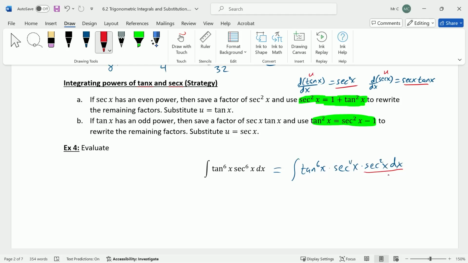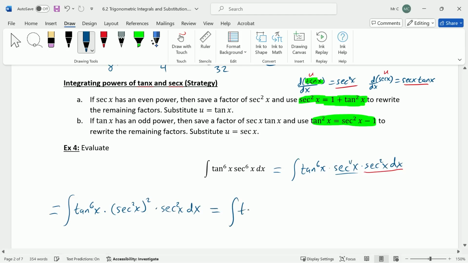And that means I need to replace all the rest of my terms so that they look like tangent of x. So I'm going to have to rewrite the secant to the 4th power of x term. So this becomes the integral of tangent to the 6th power of x times secant squared of x squared times secant squared of x dx. And now I can apply my Pythagorean identity, because I know that secant squared of x is 1 plus tangent squared of x.